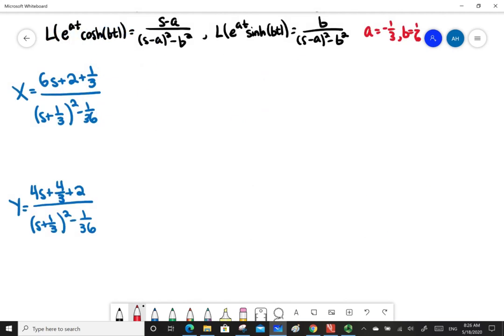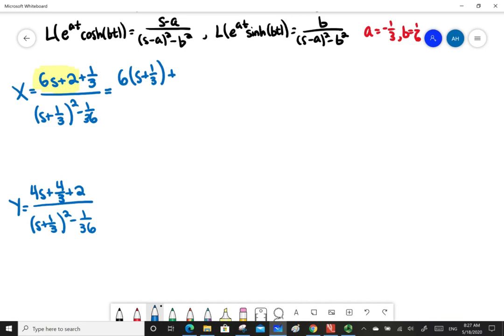Starting with x, in the numerator I have 6s plus 2 plus 1/3, but I want to get things of the form s plus 1/3 in the numerator. So the first thing I'm going to do is factor a 6 out of the 6s plus 2 to get 6 times s plus 1/3, because that looks like an s minus a. And then I also want parts that look like b, so 1/6.